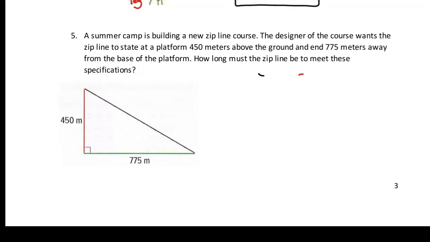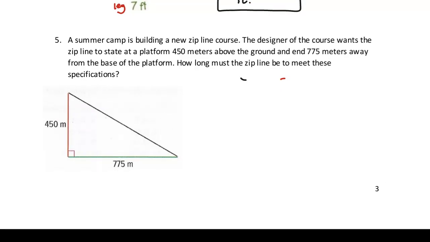A summer camp is building a new zip line course. The designer of the course wants the zip line to start at a platform 450 meters above the ground and end 775 meters away from the base of the platform. How long must the zip line be to meet these specifications? All right, again, trace over the lines that make up your leg.